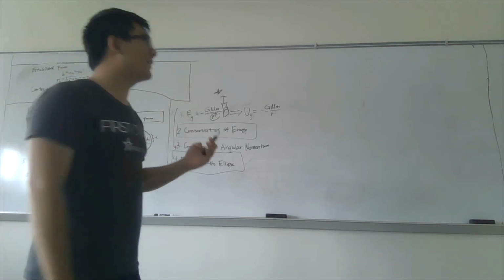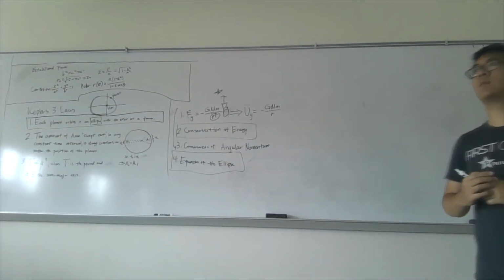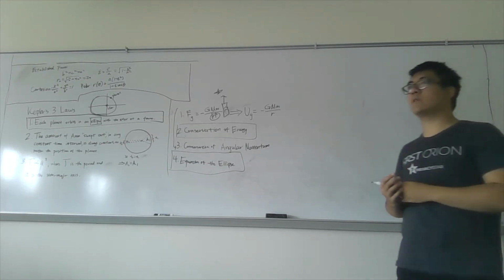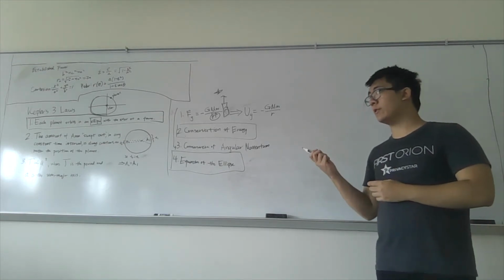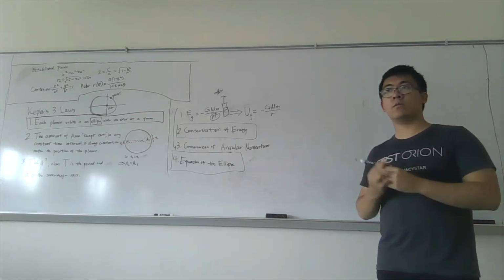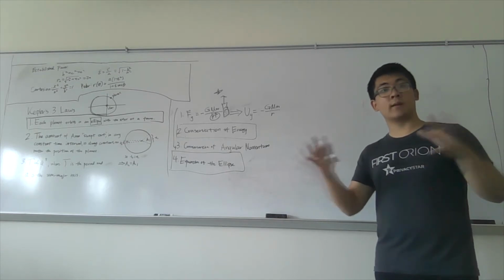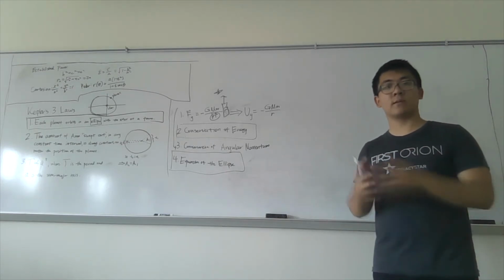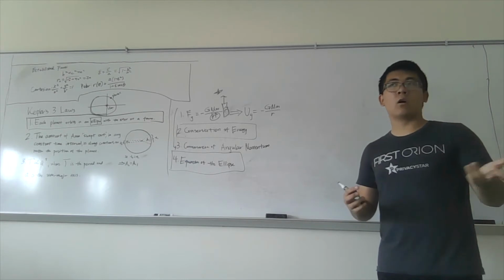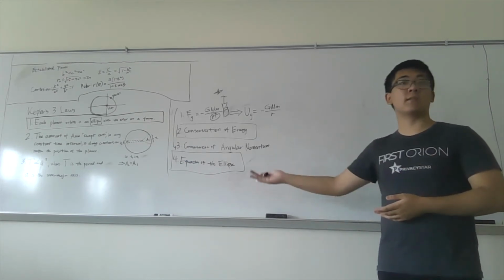But first, there's a big problem. Our polar equation for the ellipse only works in two dimensions. It only works when our ellipse is embedded in the xy plane, or just a plane given by z equals 0.